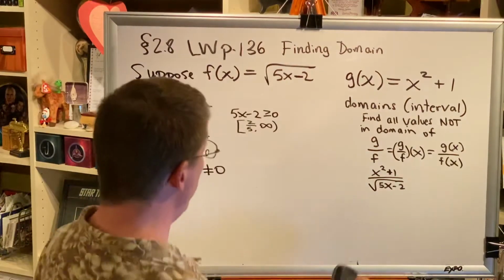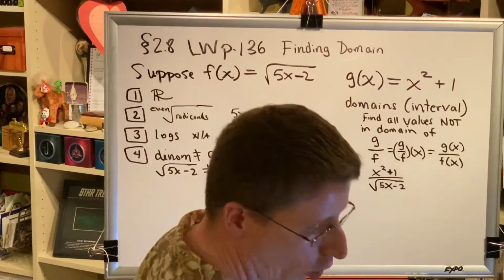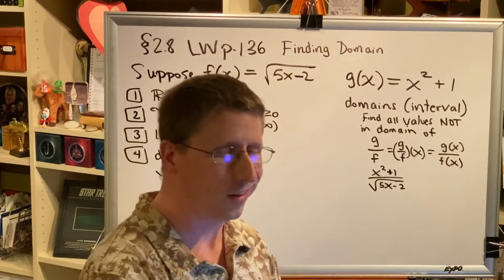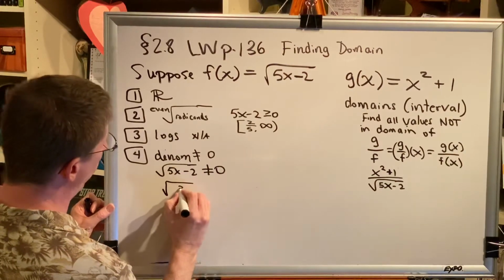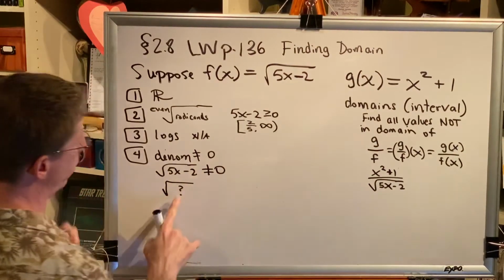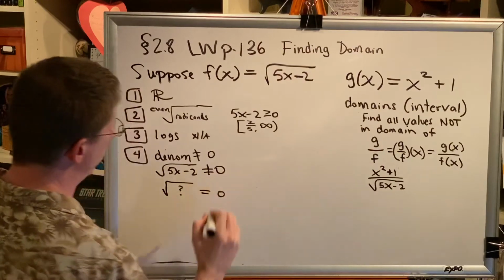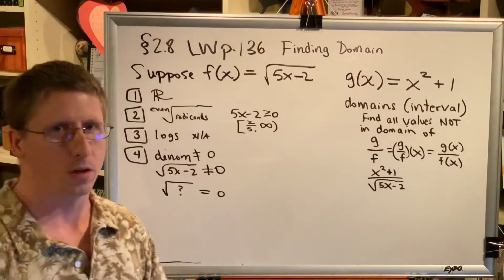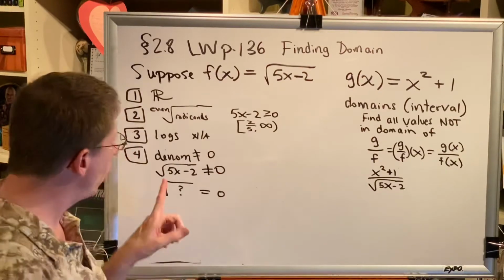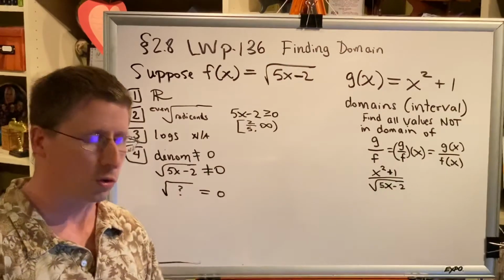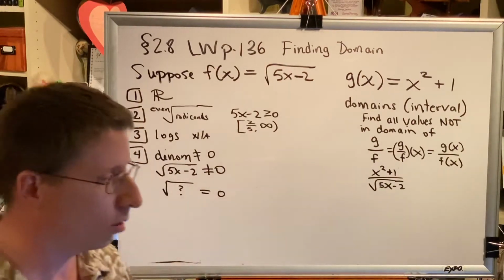There is only one number in the world whose square root is 0. If I were to ask you, what do you have to put underneath this square root so that it gives you the result 0, you would say 0. 0 is the only thing you can take the square root of and get the value 0.